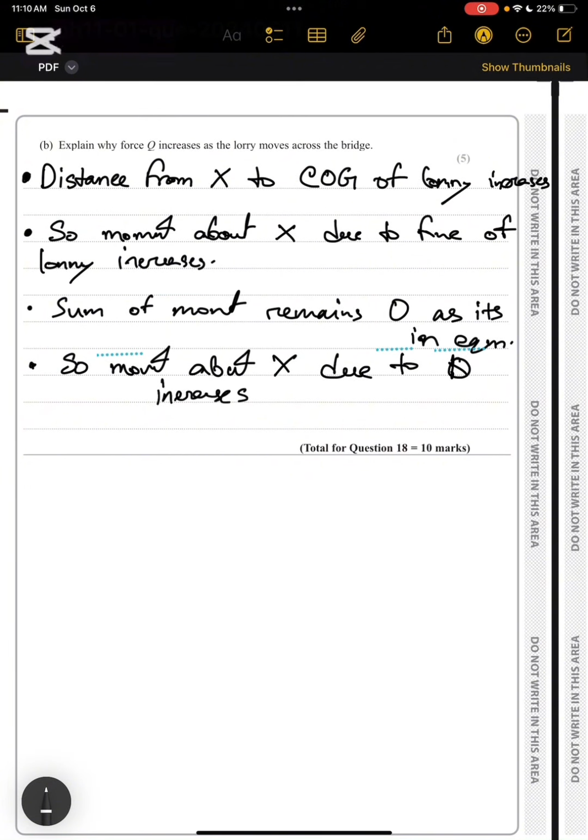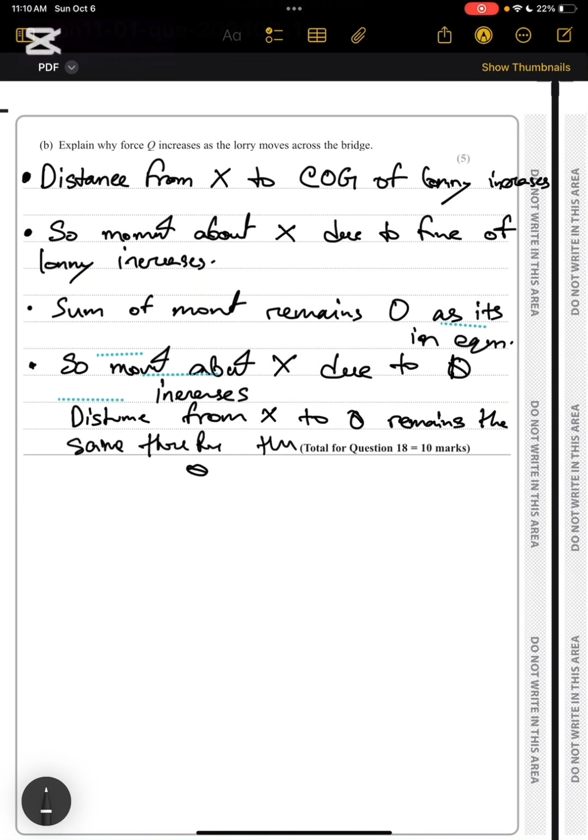As the moment about Q increases, the distance from X to Q remains the same. Therefore, Q increases.